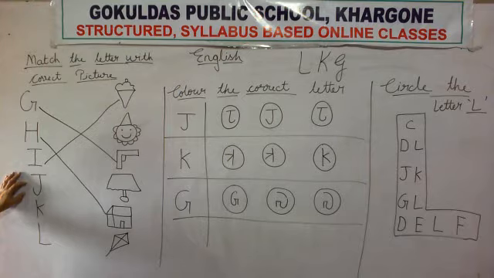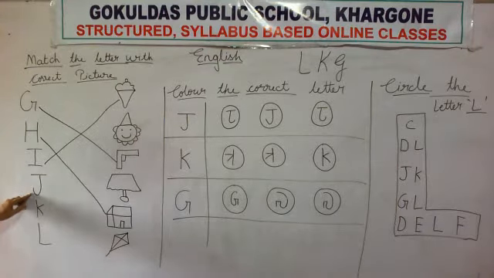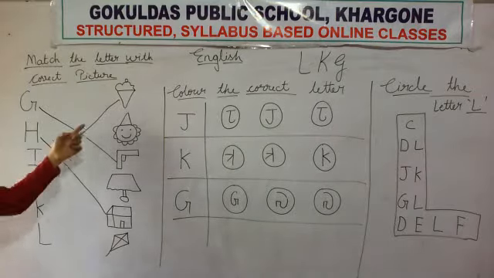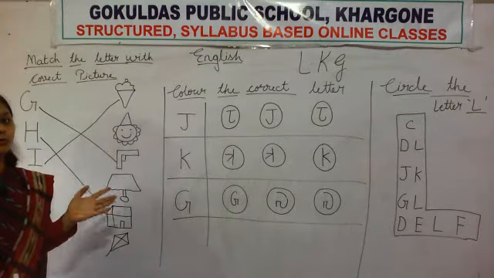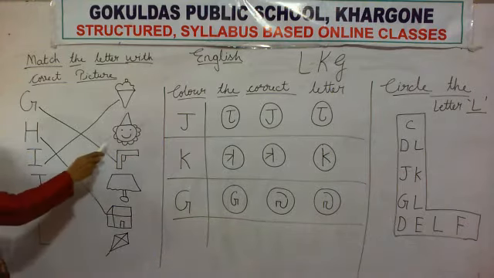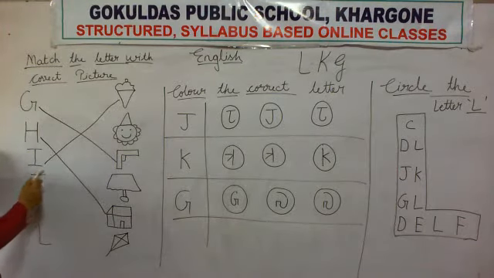Now look at the next letter. Which letter is this? J. Very good. J for ice cream? No. J for joker? Yes.